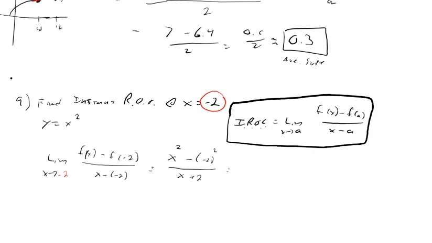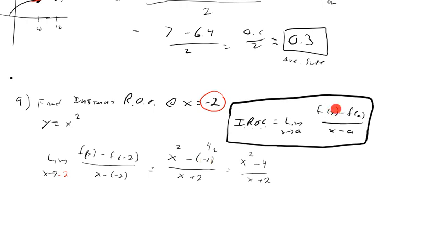So this is going to be x squared minus 4 on the top over x plus 2 on the bottom. Right, because -2 squared is a positive 4, -4, -4. So we're using our formula, right?